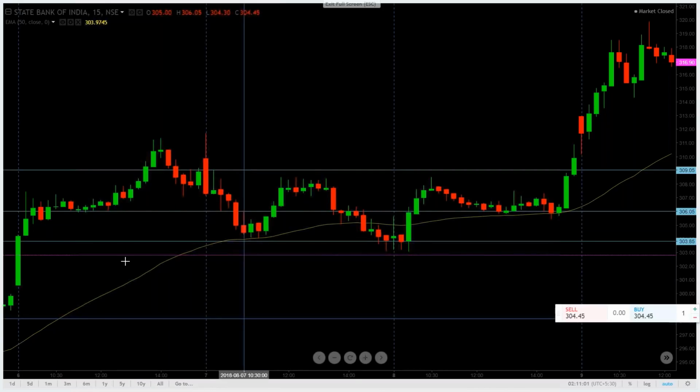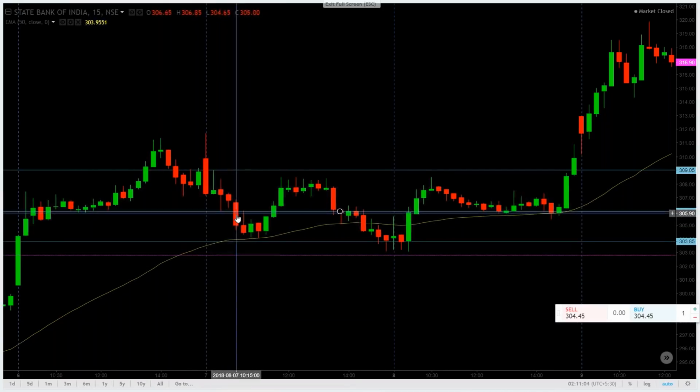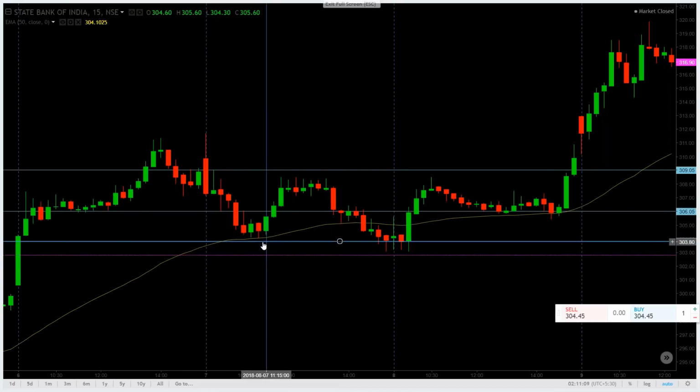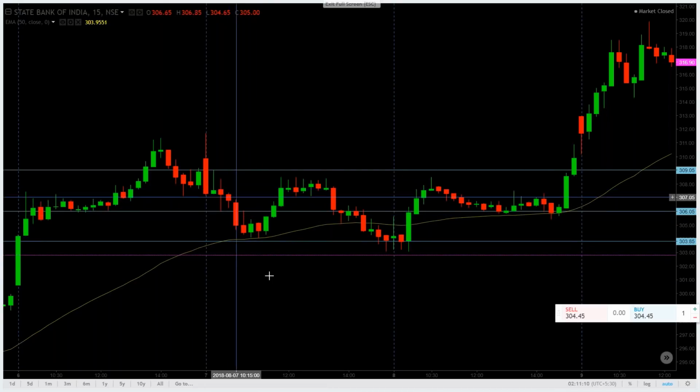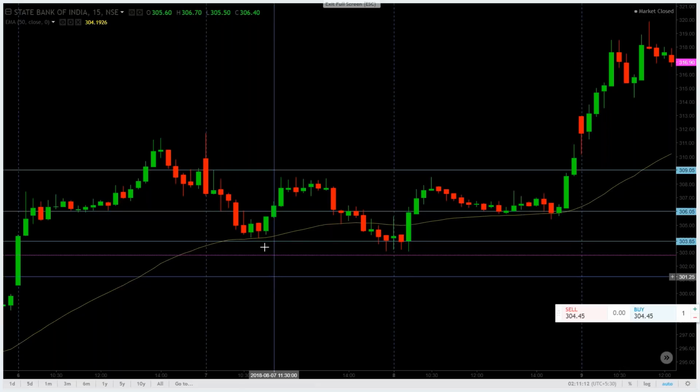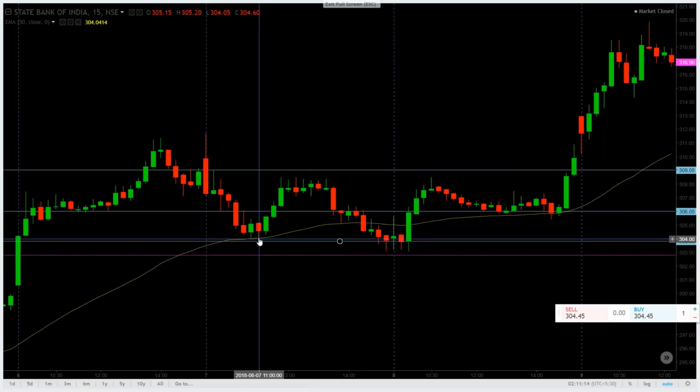For this day, the example that I was quoting you, your target 1 is booked. Although your target 2 will be rupees 2, or the 3 rupees, whatever is your candle range, just because the 50 exponential moving average is right over here, you have to keep modifying your target to the best price possible. If you want to trail, definitely you can trail.